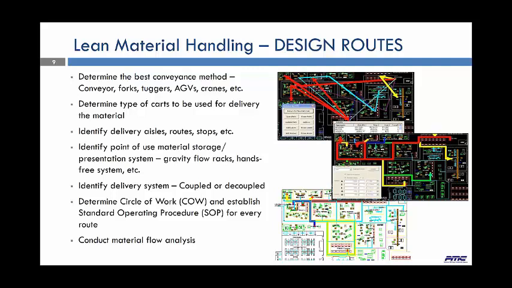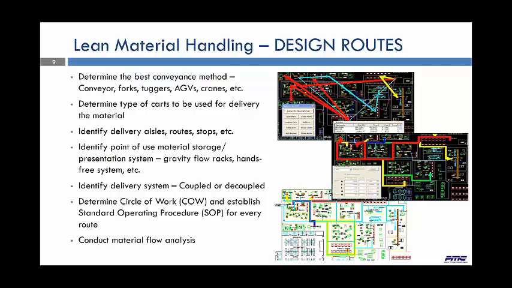All these activities have to be documented properly, along with who's responsible for each activity. You have to create a standard operating procedure for every route, identify which parts are going on which route, and try to avoid several routes going through the same area. If one route can cater to a specific area in the plant, you don't want two or three routes going to the same location.